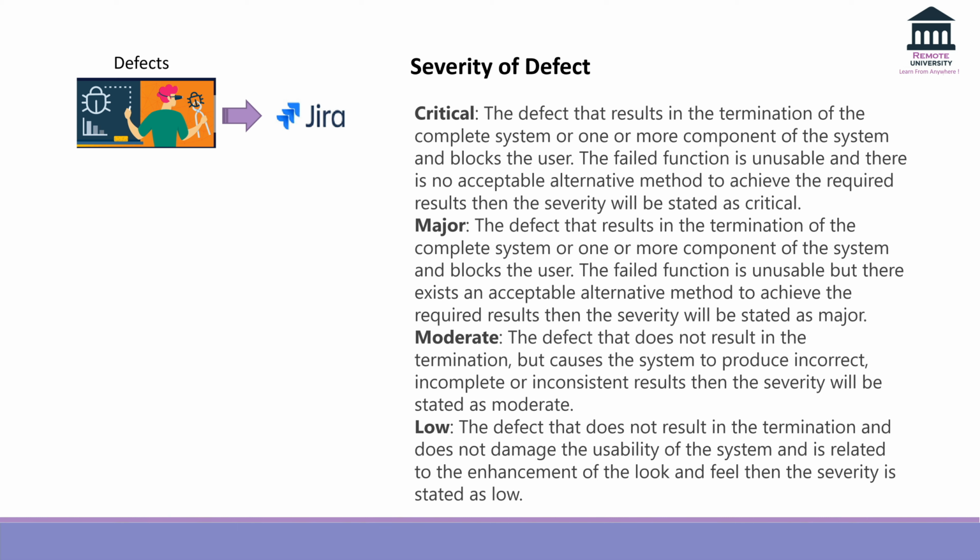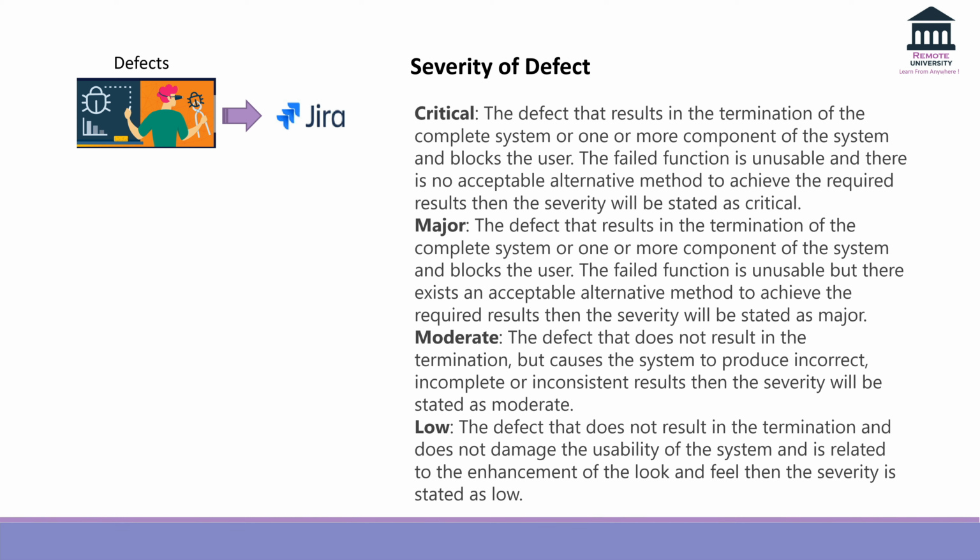In this example, you can log that behavior as a moderate or medium severity defect. Here, the result is not termination but some incorrect, incomplete, or inconsistent behavior of the application, which we call a medium defect.